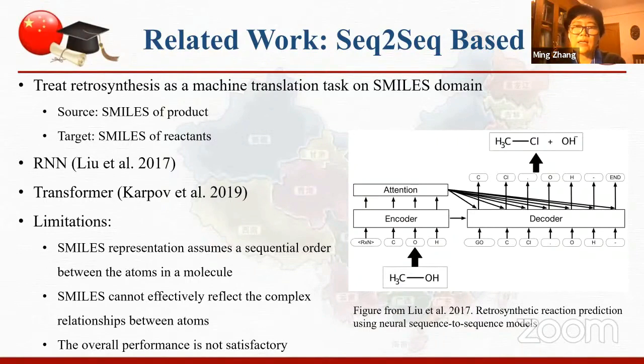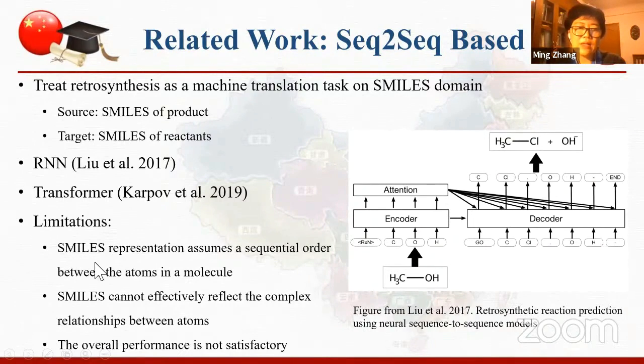The second kind of related work is sequence-to-sequence based methods. We know that there is a very famous format called SMILES. SMILES is a kind of sequence, consisting of ASCII text. And this kind of method also has some limitations.